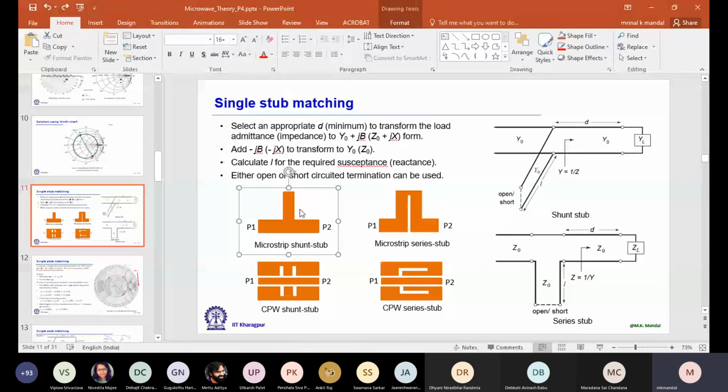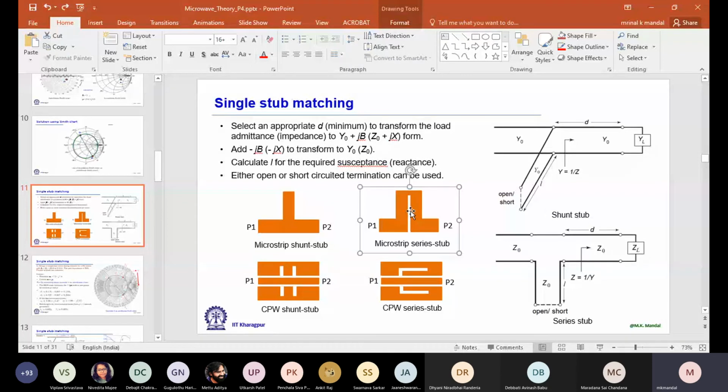You see here, the section of microstrip line we can represent simply by a transmission line. But if I look at the series stub, it is basically a coupled line section, right? So we have to model it by its even mode and odd mode characteristic impedances, Z0e and Z0o, and it becomes complicated.